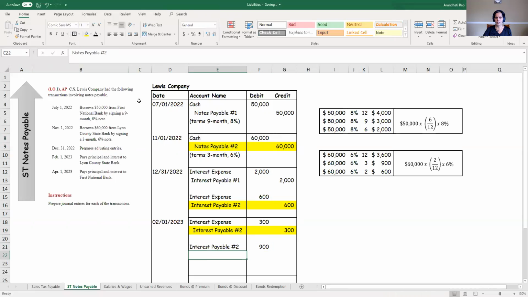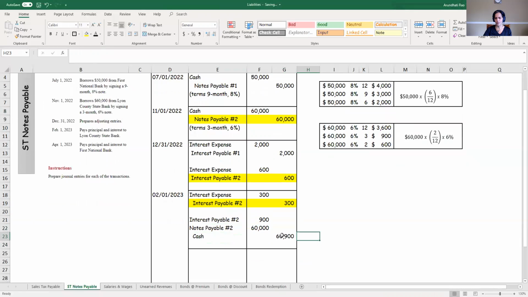The note payable itself was $60,000. So how much cash am I going to pay right now? $60,900. So at this point, note number 2 is completely taken care of. Both the interest and the note itself have been paid off.